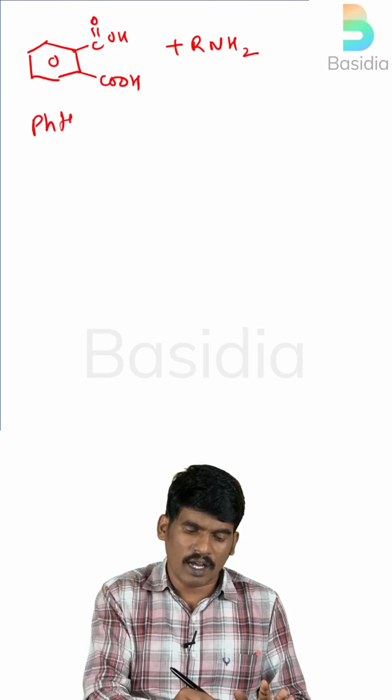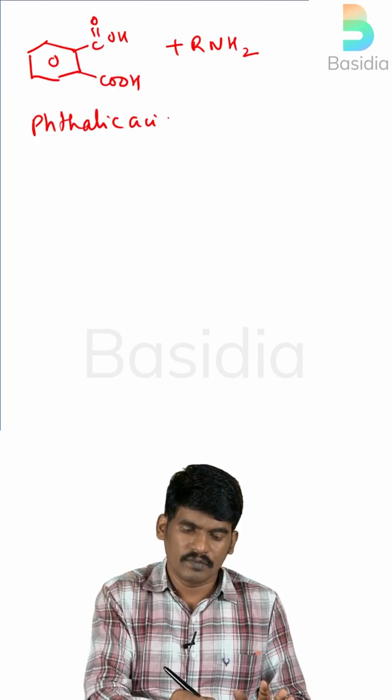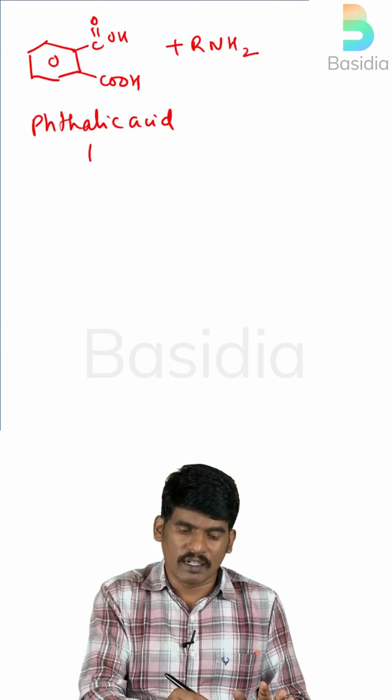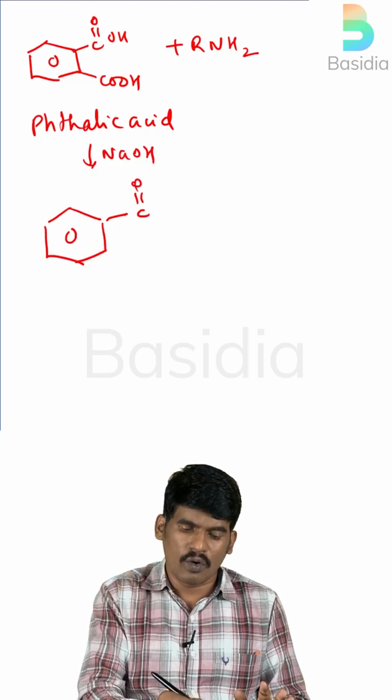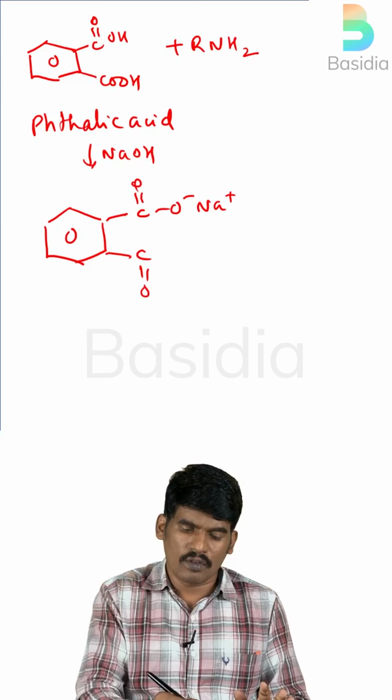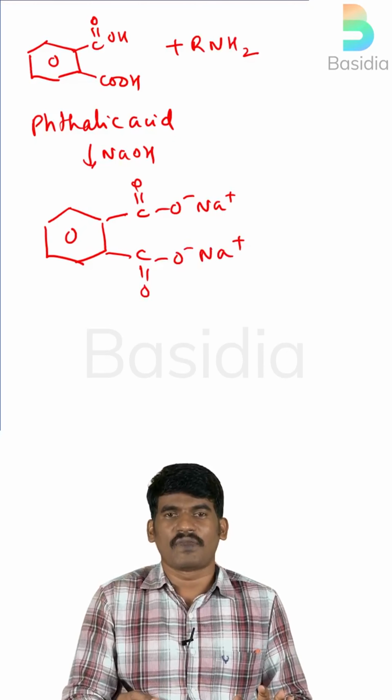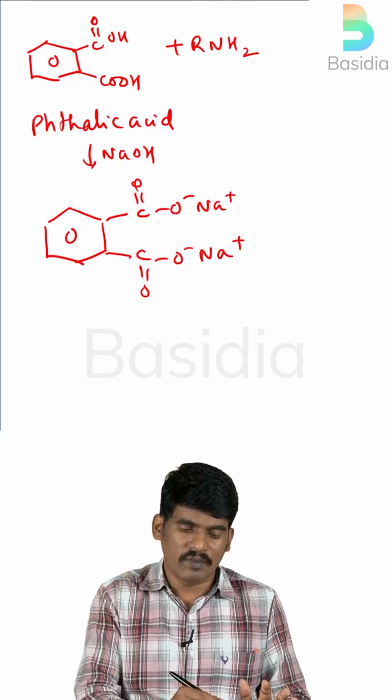This is called phthalic acid. Upon hydrolysis, we get that. And treating with NaOH, we get COO Na, COO Na. A salt of phthalic acid we got.